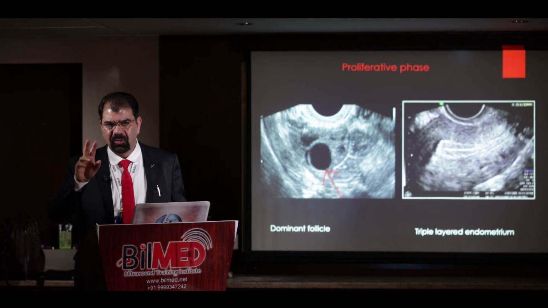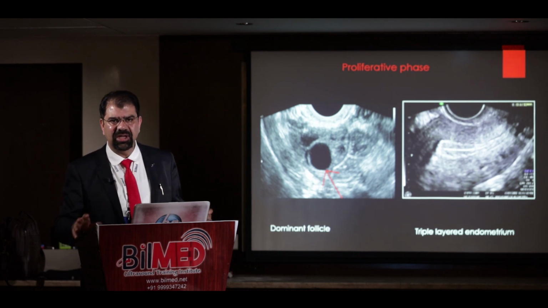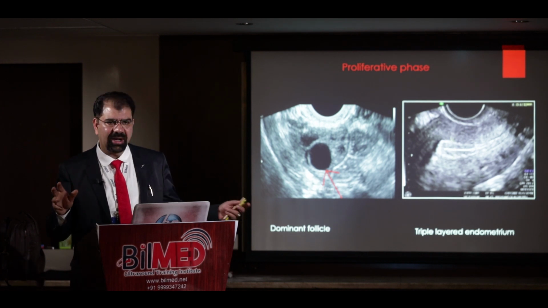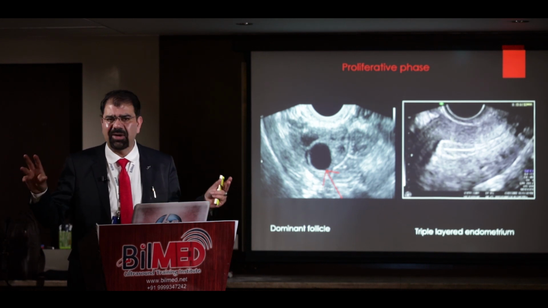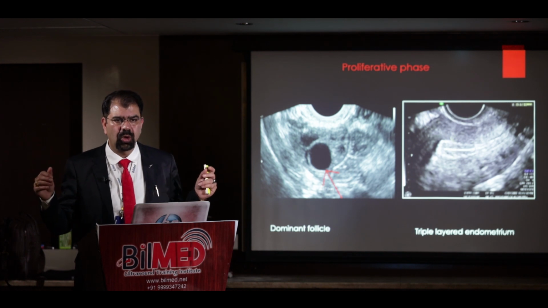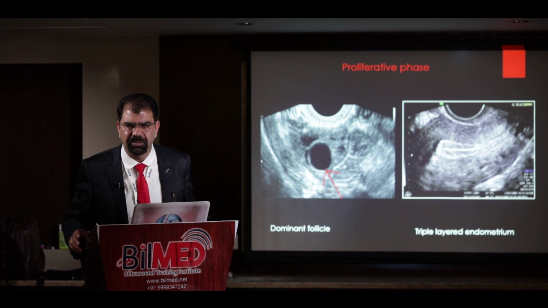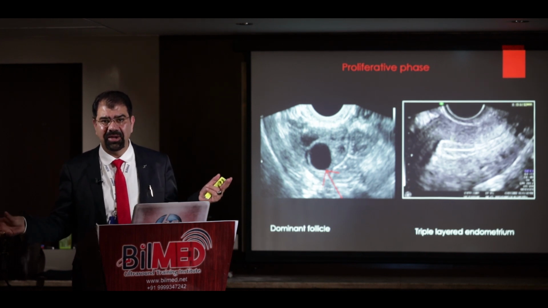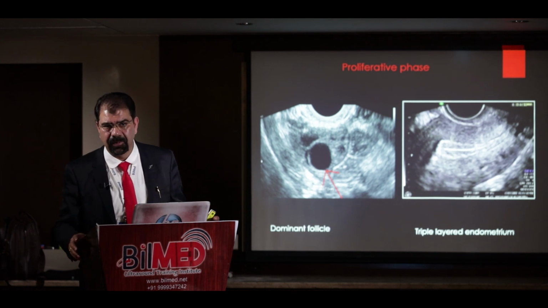For example, 2 millimeters per day. If today I have seen a 10 millimeter follicle, it is a baseline scan, maybe a 12 on the right or on the left, and on the left side both are 12, one is 13 and one is 12. Whosoever will grow with the pace of 2 millimeters per day can be even the 12, not the 13 one. So, then I can say that this is the dominant follicle.